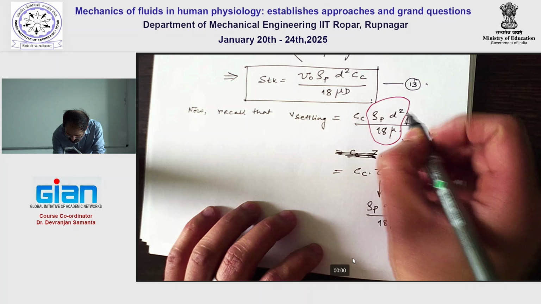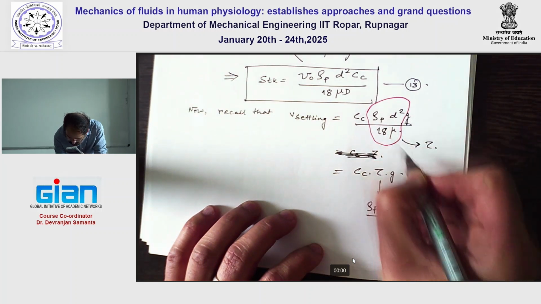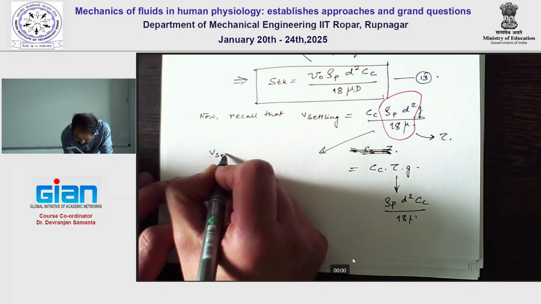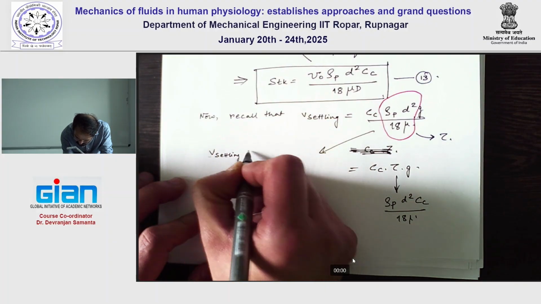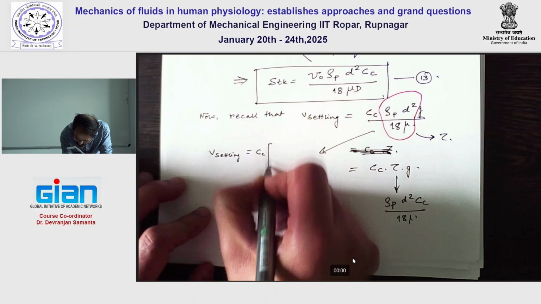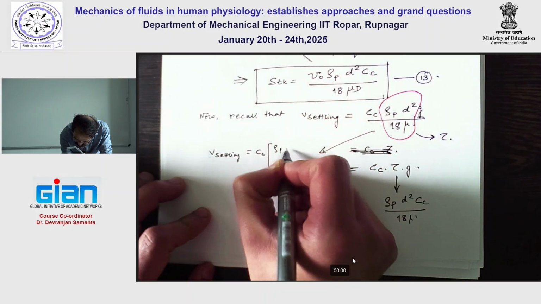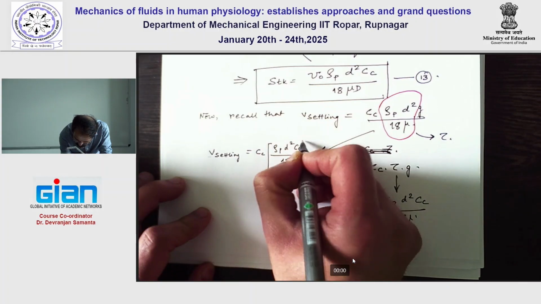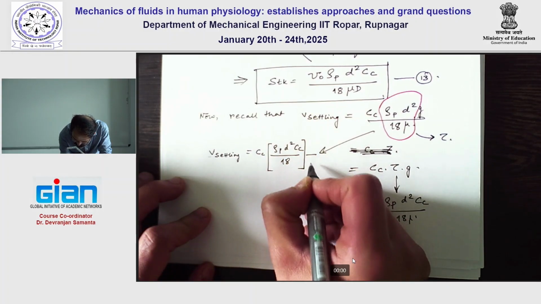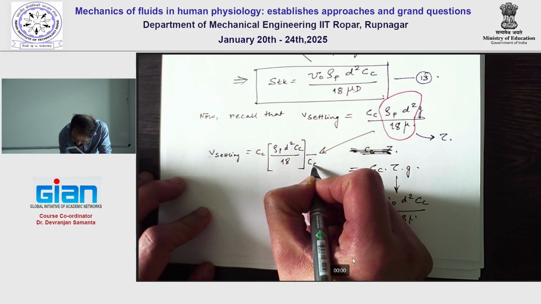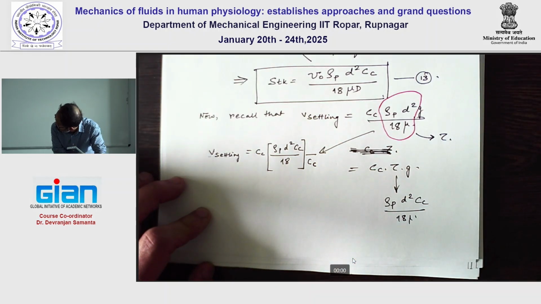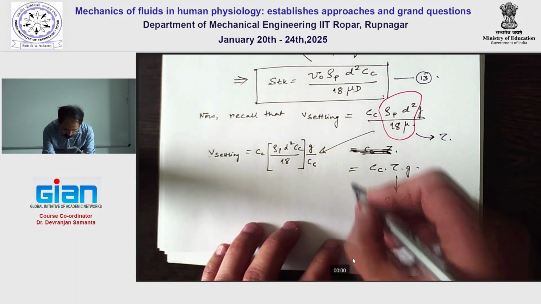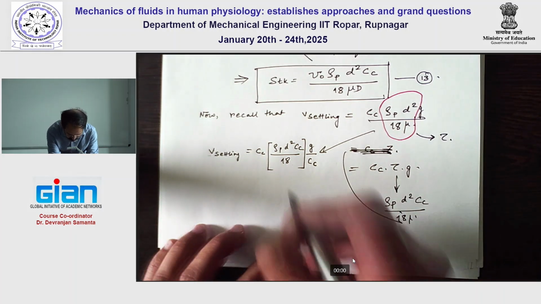So if this is this, then let's write it as V settling is Cc. We are going to bring the tau part here, the rho p d squared Cc by 18 mu. But for that additional Cc that we bring in for the tau, we have to add a correction 1 over Cc times g, and there should be a mu in the denominator.